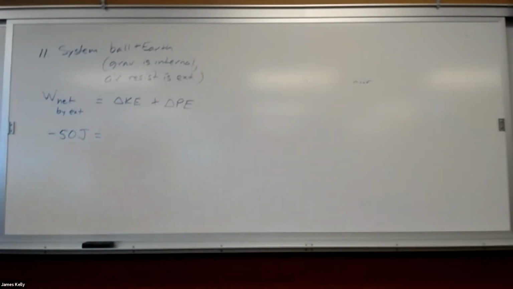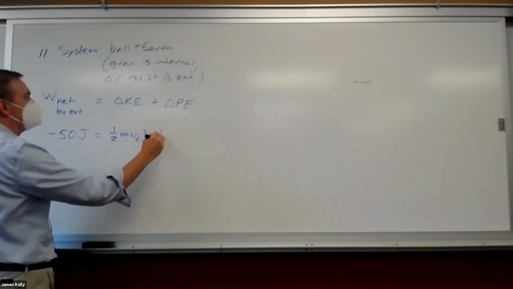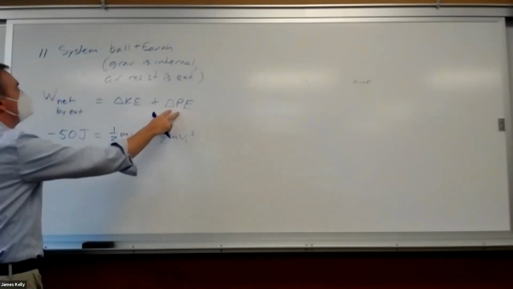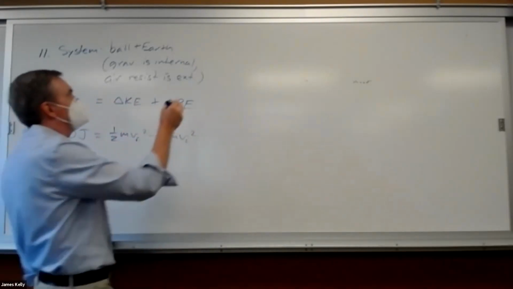The right-hand side, I just go into brainless mode now, right? 1/2 m v final squared minus 1/2 m v initial squared. And we made gravity internal, so I need to use the associated potential energy for my system consisting of the ball plus the Earth, and that's mgy, where plus y is up.